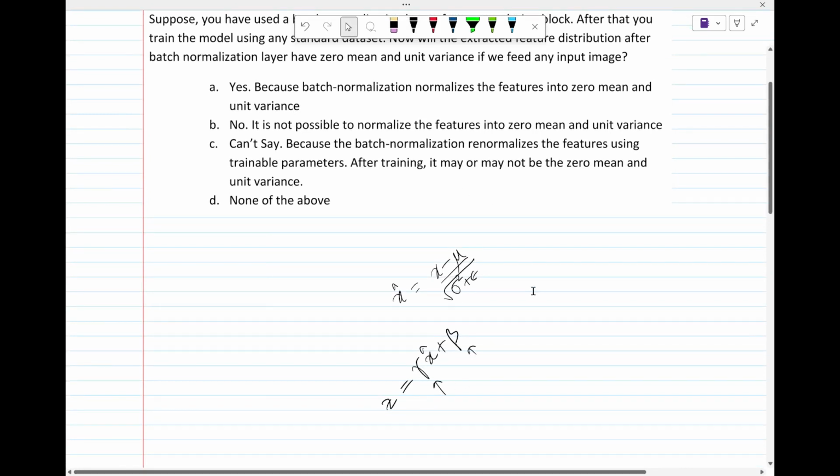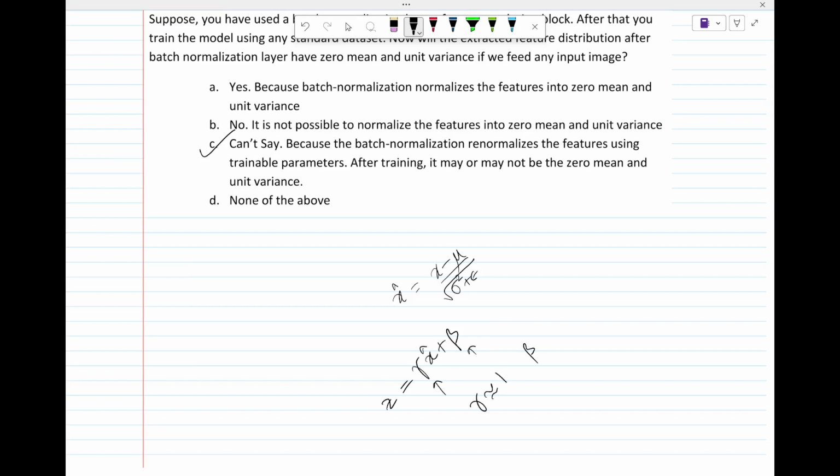So it may not be 0 mean or unit variance. It can be 0 mean and unit variance also, but it may not be. If gamma is close to 1 and beta is close to 0, then you will have 0 mean and unit variance. But it need not be like this.